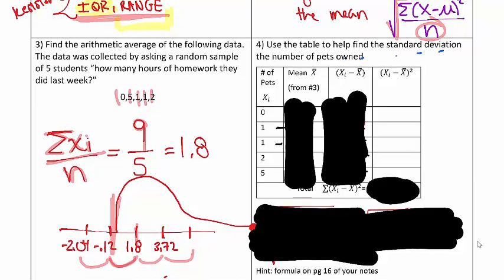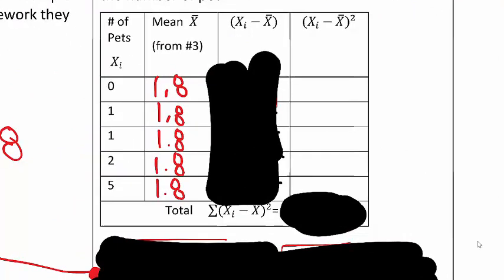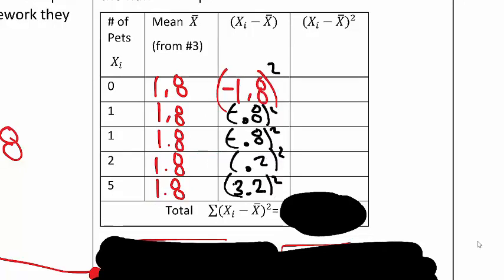This table is to help you do standard deviation. You don't have to do it this way, but that's what it's trying to help you do. It says, okay, here are all of our values. In order to find standard deviation, we need to take every value and subtract the average. So 0 minus 1.8 is negative 1.8. And then if you squared it, you get 3.24.